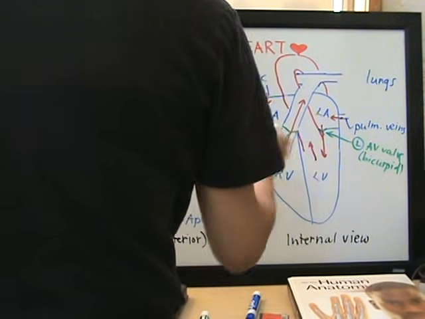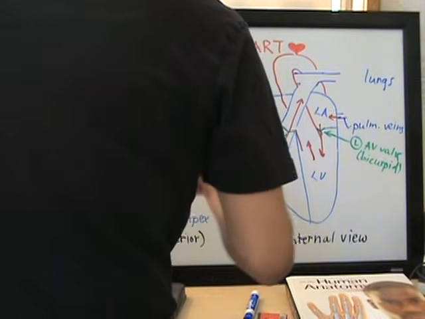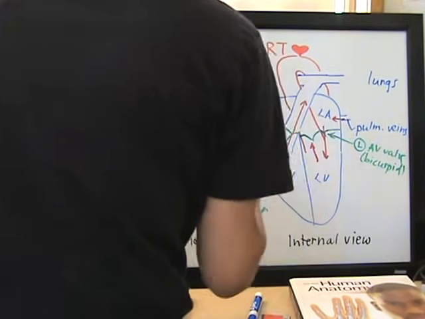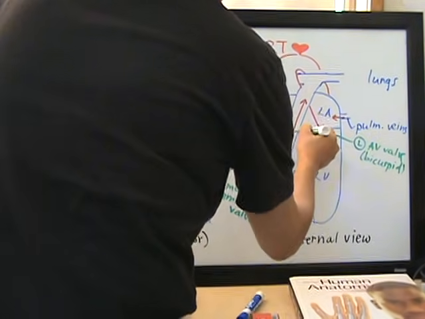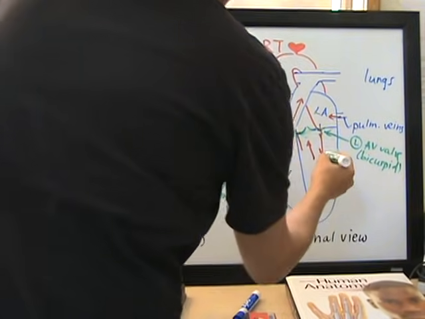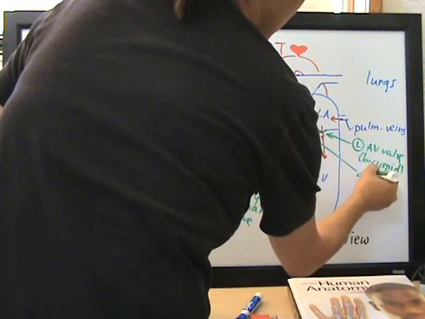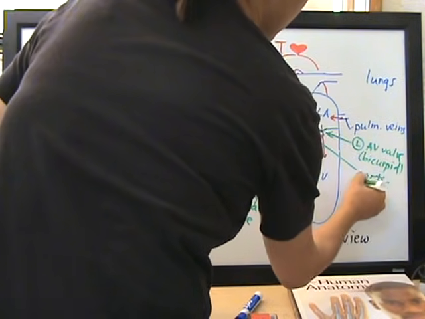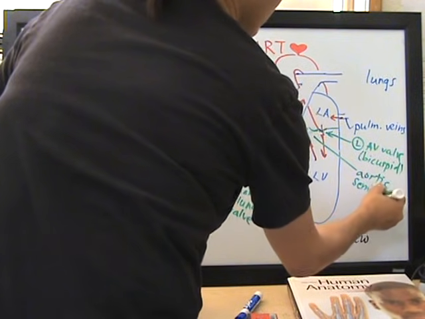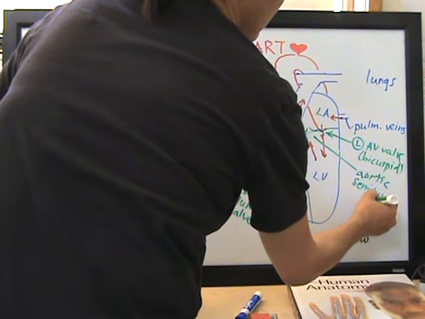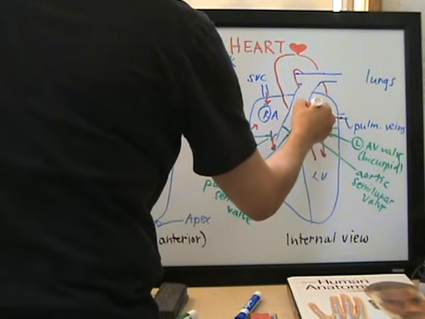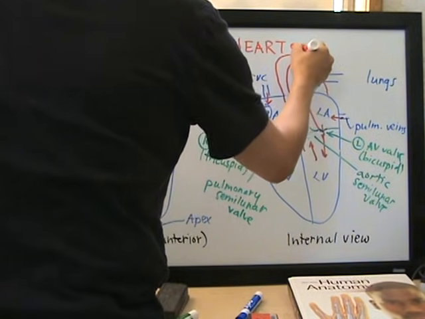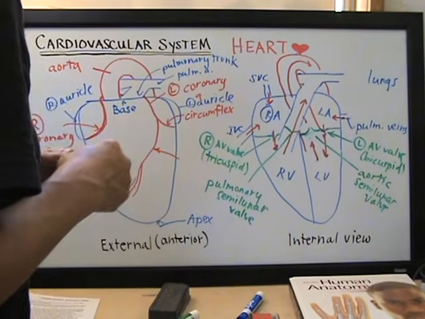From the left ventricle, it will pass through the aortic semilunar valve here. Just made it go the wrong way. So this is the aortic semilunar valve, and then blood will make its way out the aorta and out the heart. Okay.